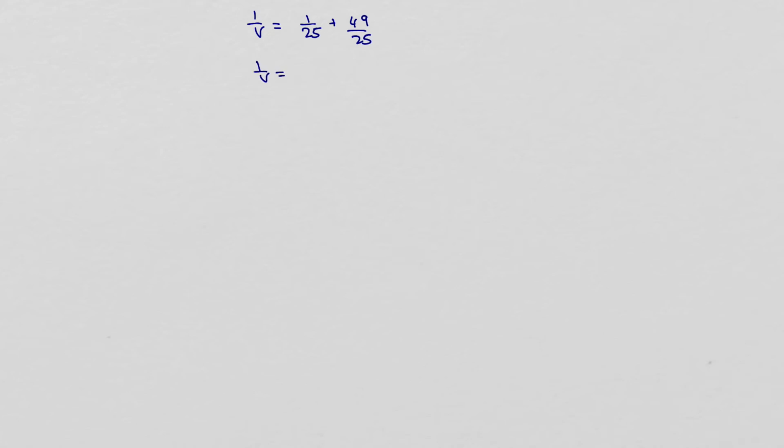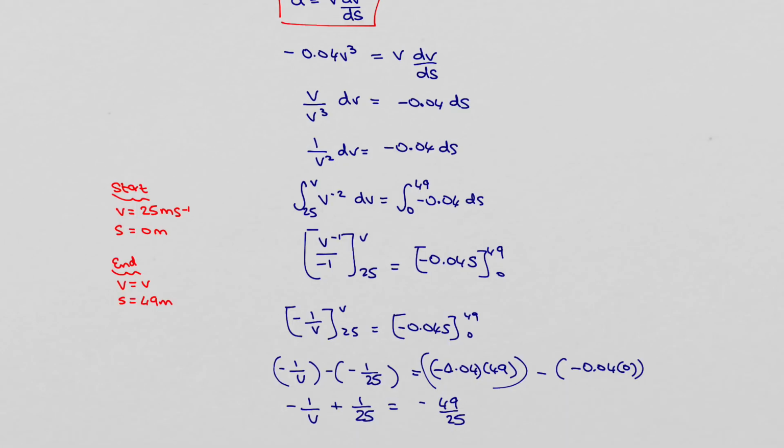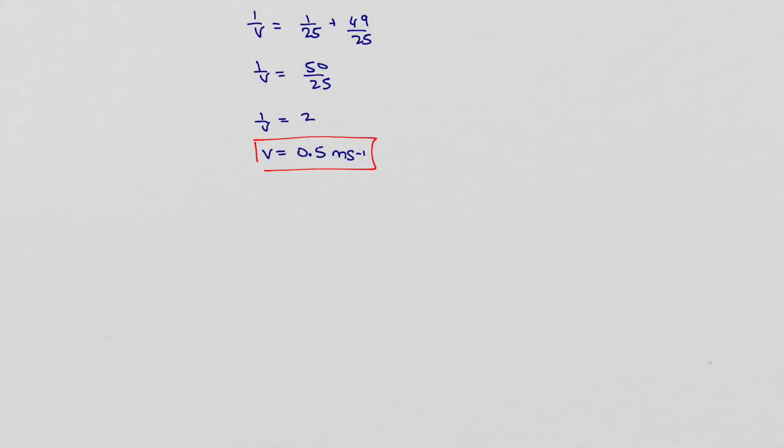So 1 over v is equal to 50 over 25. So 1 over v is equal to 2. In other words, v is going to be equal to 1 over 2, which is 0.5 meters per second. So we had 5 marks for setting up our integrand, 5 for integrating, and 5 for our answer.